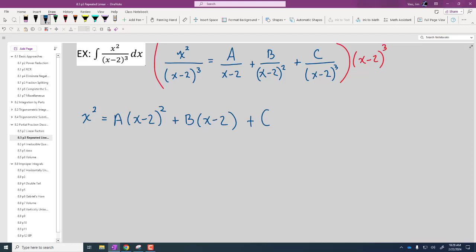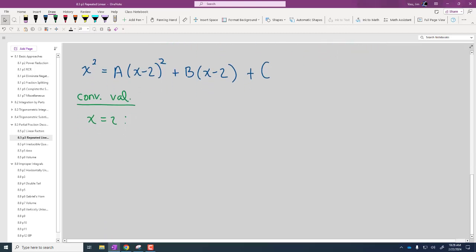What is the only true convenient value? 2. So let's go ahead and take advantage of that convenient value. And this time we'll do it with the hybrid approach, so you can see how that looks in practice. All right, so we're going to plug in x equals 2 wherever we see an x.